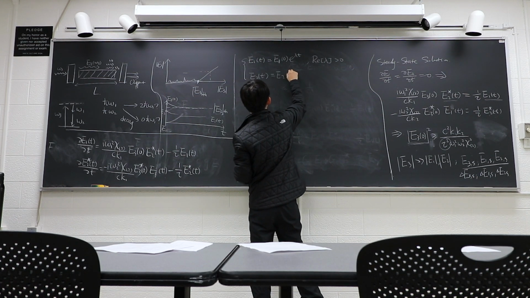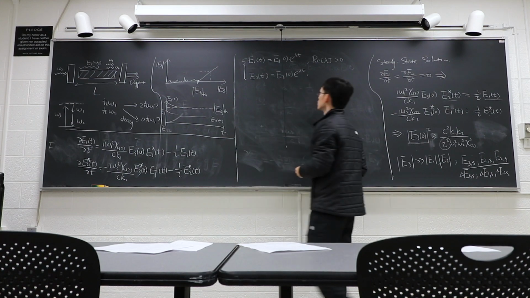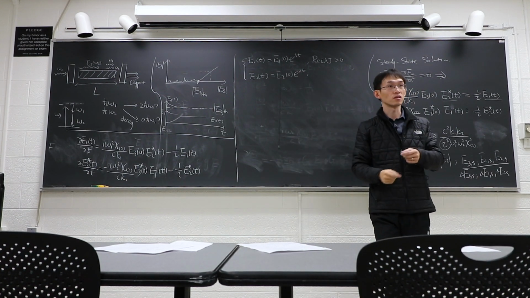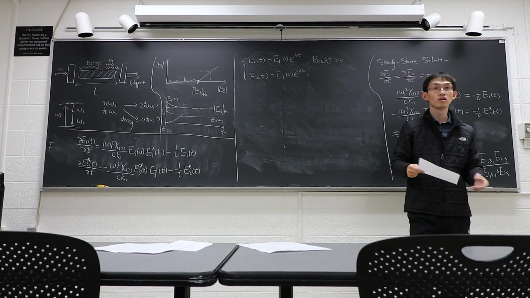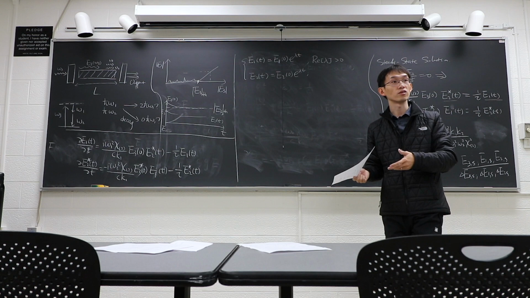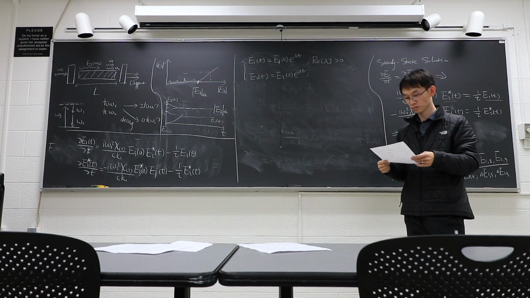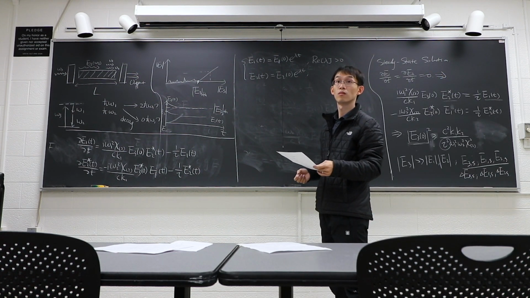The same applies to E2. Why is the lambda the same? Because for every photon you generate in E1, there's another photon in E2, so their growth rate is the same.